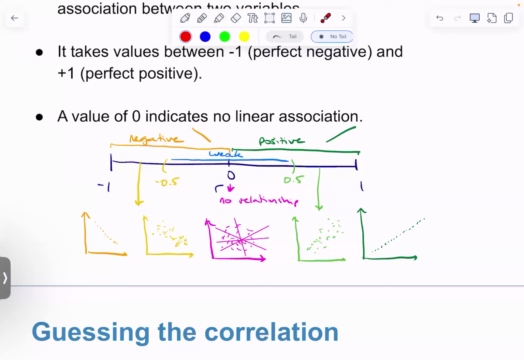But then we get into a strong positive relationship and a strong negative relationship. Right? So as the correlation increases towards 1 in either direction, it gets stronger and stronger and stronger. Okay. There.